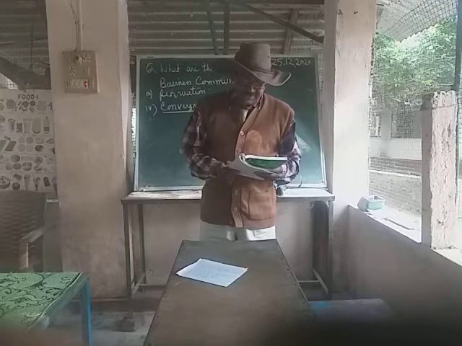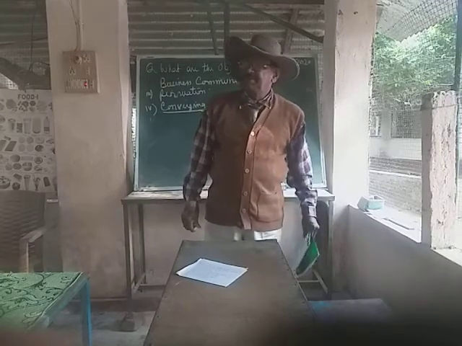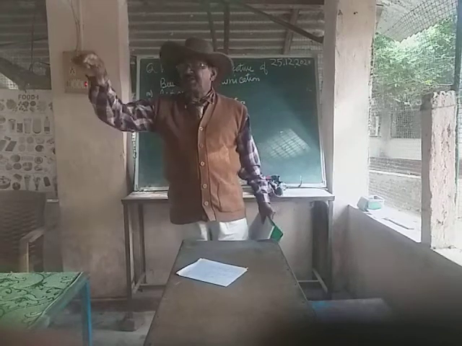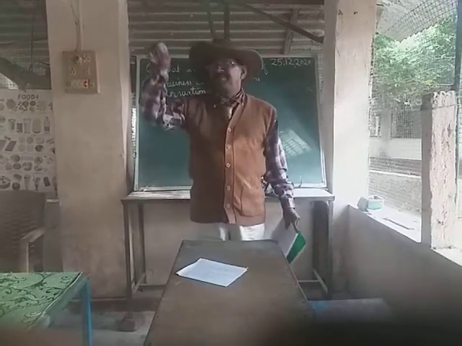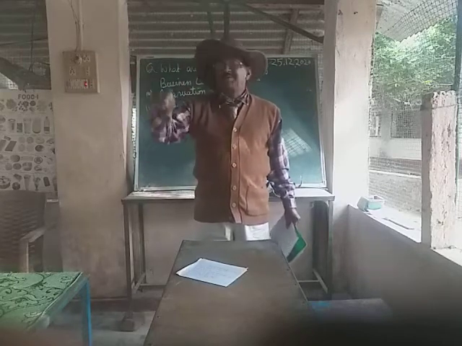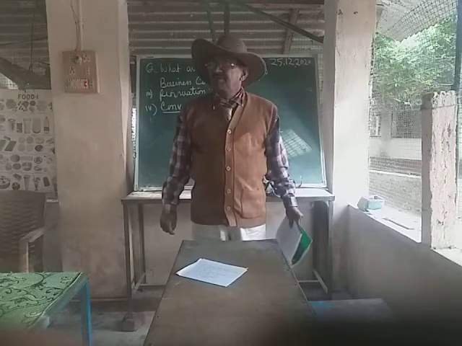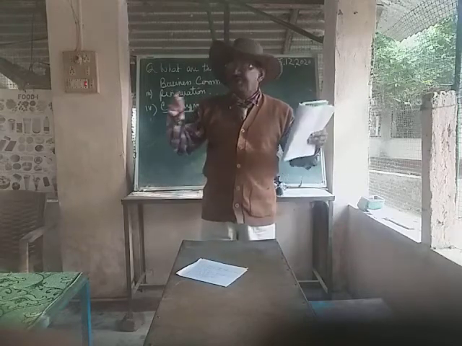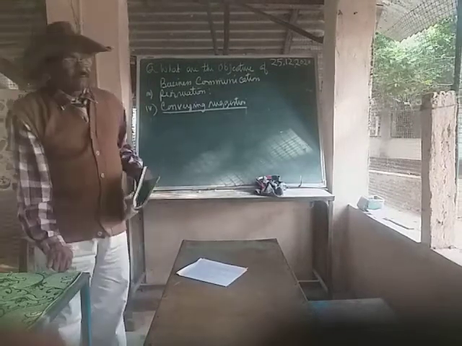In big offices, suggestion boxes are provided. Anybody who wants to give a suggestion can put it there. They drop their opinion in the suggestion box so that management can read it and decide what can be done.